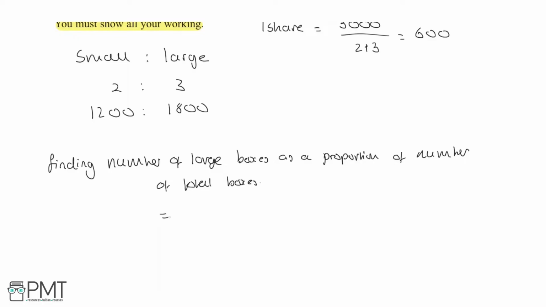And this is going to be 90, which is the number of large boxes, over 200 plus 90. If we plug this into our calculator, 90 over 290, we get 0.3103, etc. And this becomes 31% to 2 significant figures, because that's all we need to make our point here.